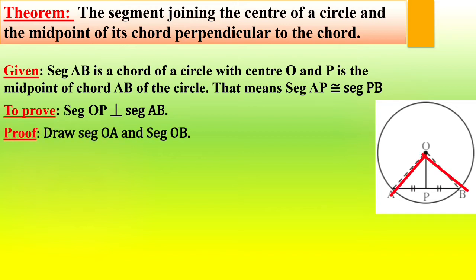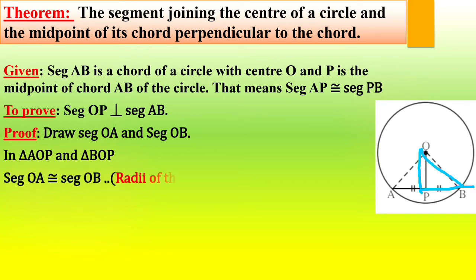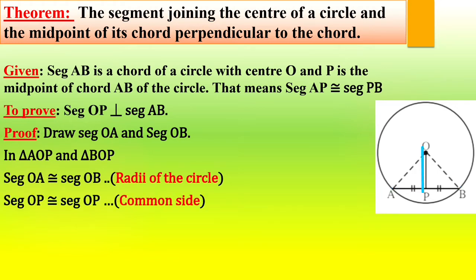Proof. Draw segment OA and segment OB. While taking the two triangles, triangle AOP and triangle BOP, here we have segment OA is congruent to segment OB, radius of the circle. Segment OP and segment OP are common side and segment AP is congruent to segment PB, given that P is the midpoint of AB.